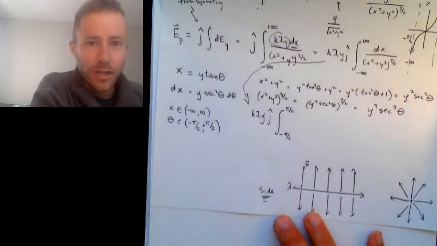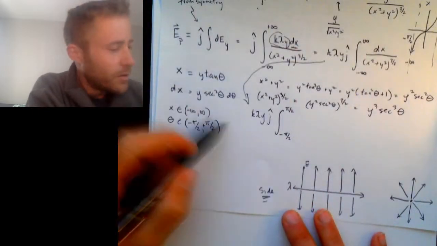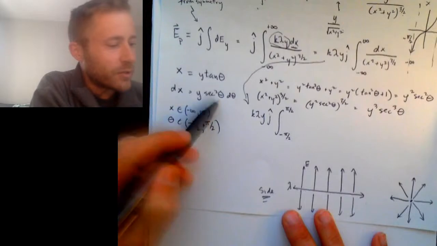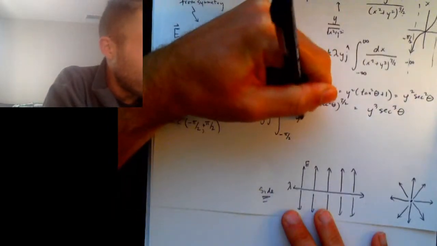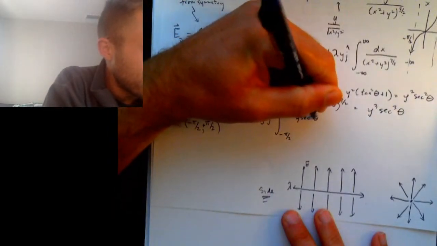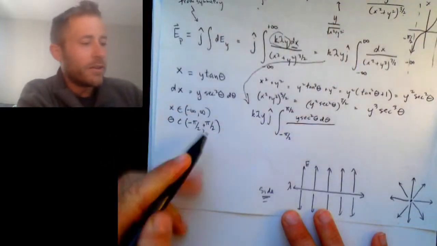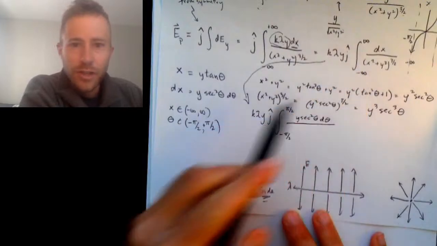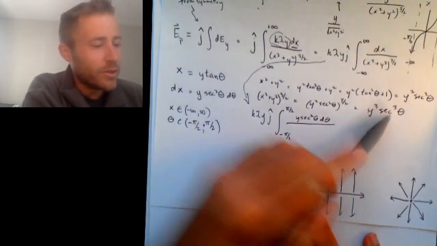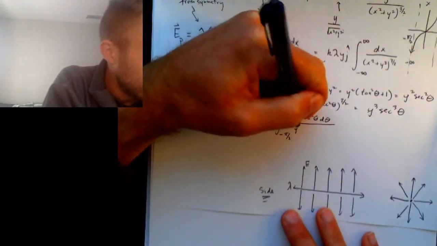dx changed into y secant squared of theta d theta, and the denominator changed into y cubed secant cubed of theta.